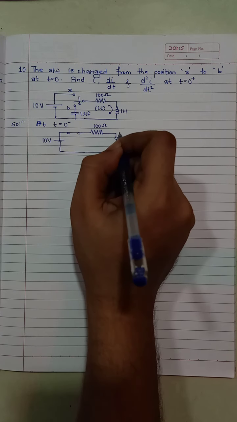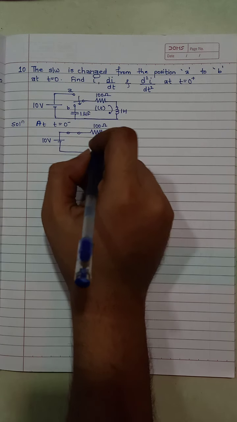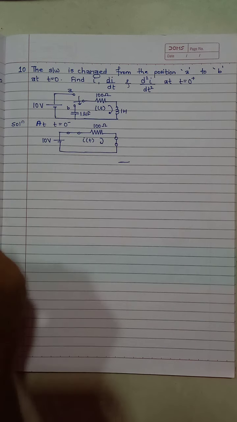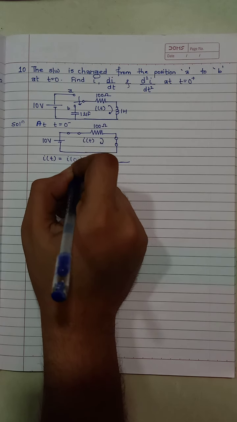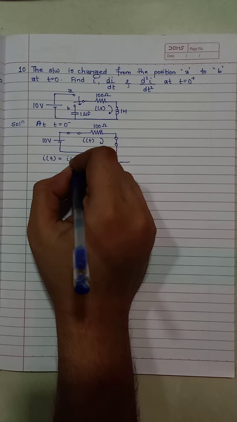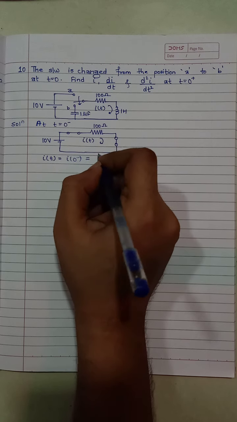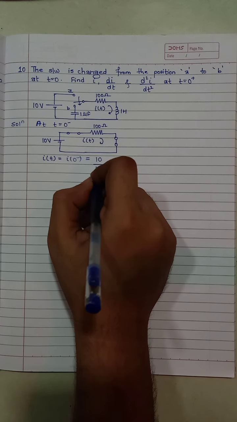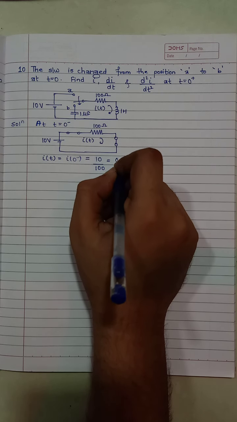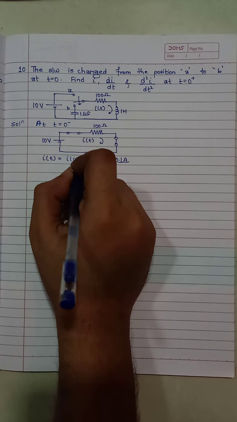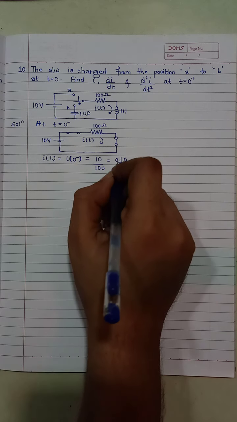The inductor will act as short circuit because they have not specified whether the current is flowing through it, but after shorting we can find the current flowing through this. So this is i of t at t is equal to 0 minus. So i of 0 minus will be 10 upon 100, which will come to 0.1 amperes.